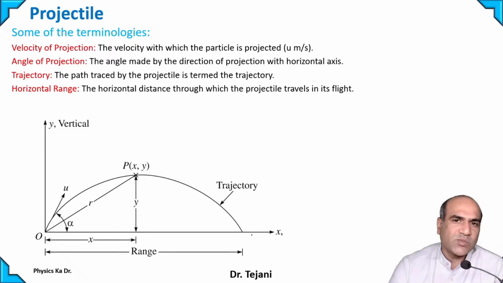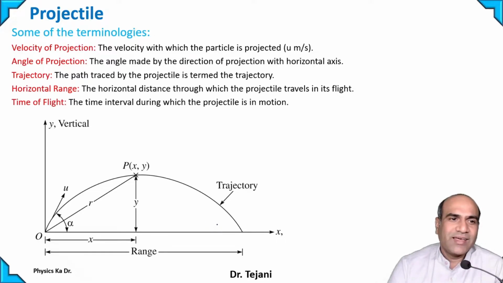We call it the displacement, and that is known as range. And the time of flight is the time taken during this projectile movement. And one more terminology: when y becomes maximum, we call it the maximum height. So these terminologies you have to remember.